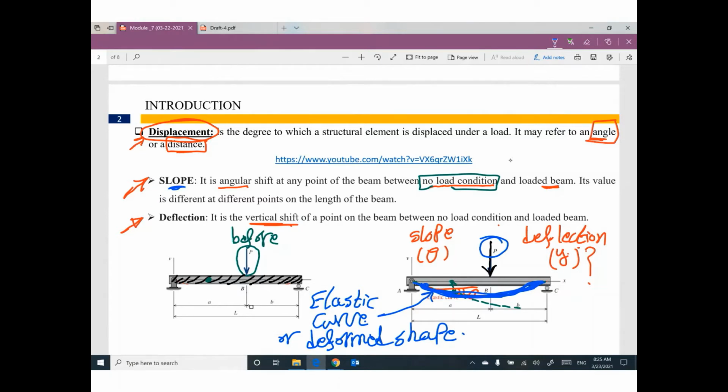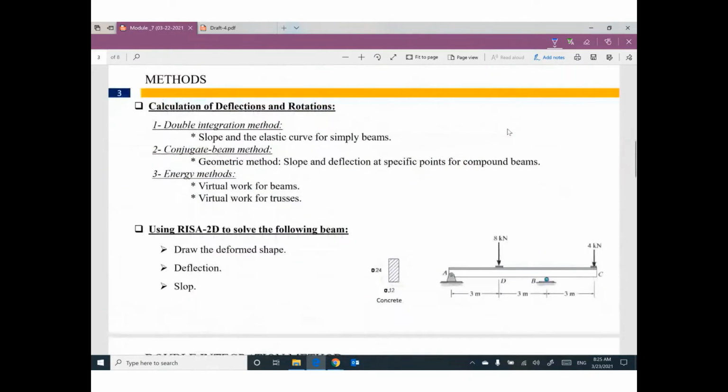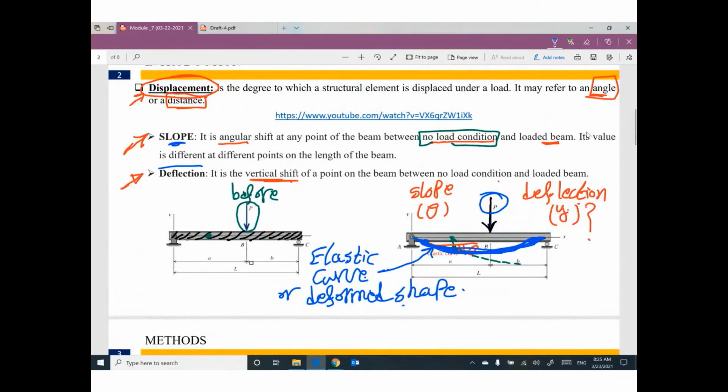The new shape of the beam, or the frame, or the truss, or any structure after you apply loads is called the elastic curve or deformed shape. We have many methods that can be used to figure out the value of this deflection and the value of this slope.